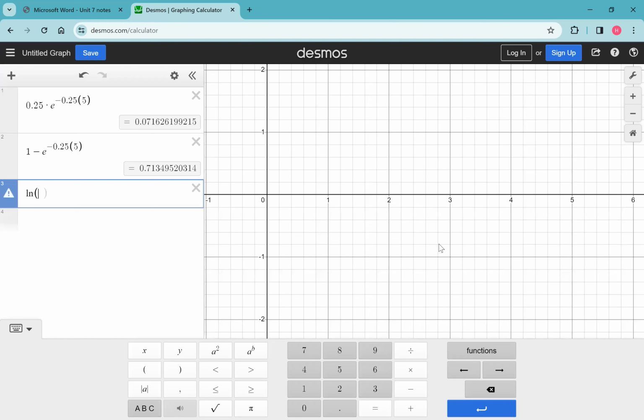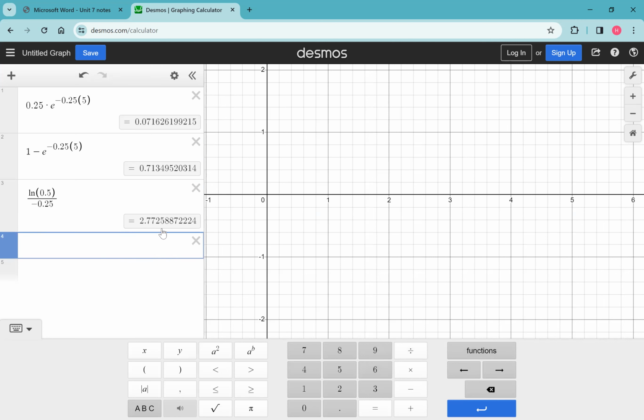So I went ln of 0.5. Let me close my parentheses. Divided by negative 0.25. Press equal. Okay, there's my answer.